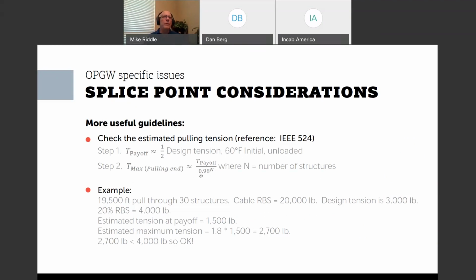What does the 0.98 mean? Well, that's an assumption about the friction that each stringing block is imparting in the cable as it goes through.